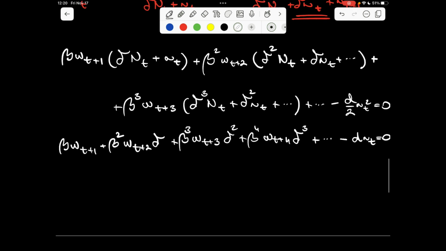It's going to look like a proper first order condition. And we can rewrite the whole thing.